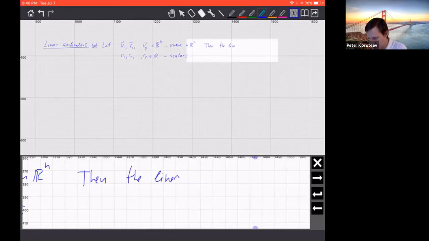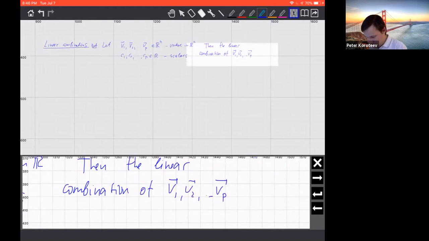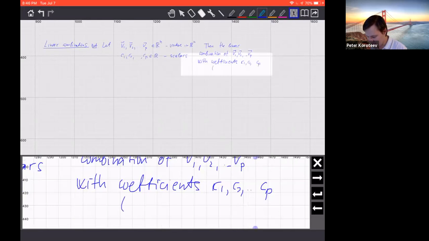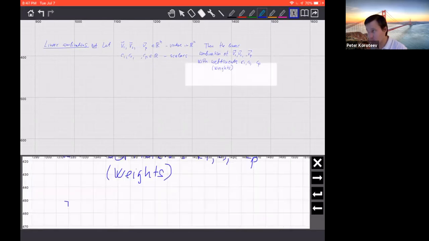The linear combination of vectors v1, v2, and so on, vp with coefficients c1, c2, and so on, cp, and another name for those coefficients is weights, is the following sum: c1 times v1 plus c2 times v2 plus and so on plus cp times vp.